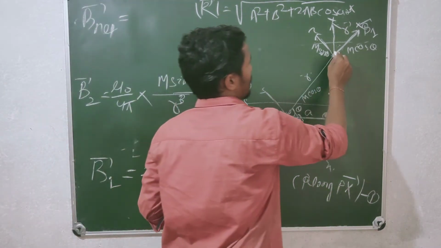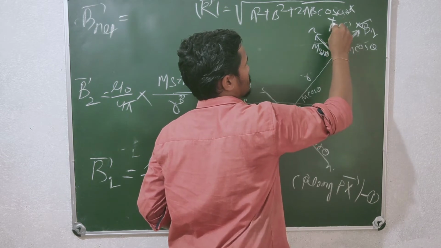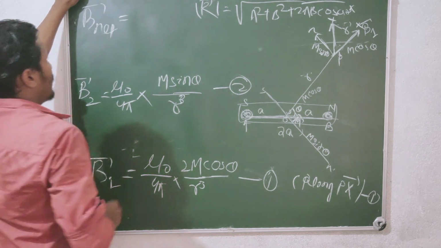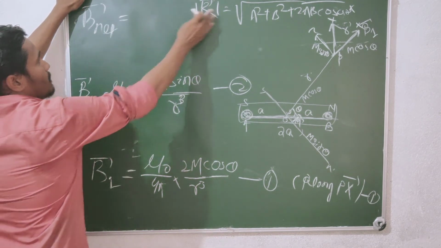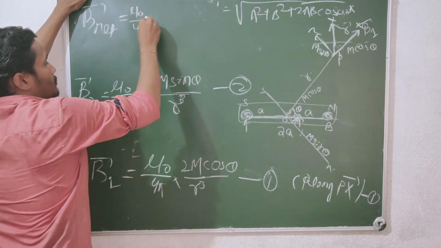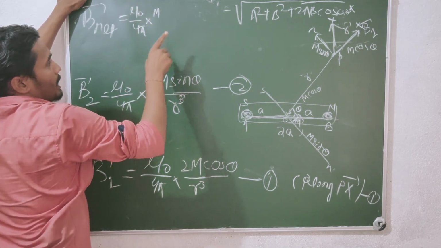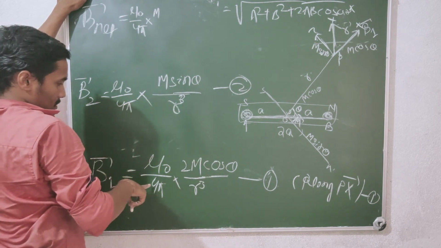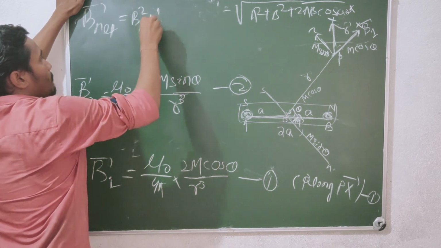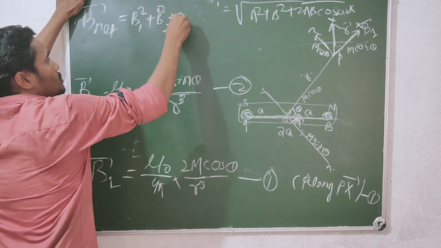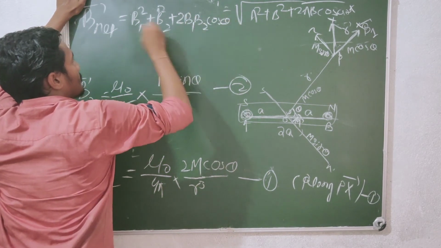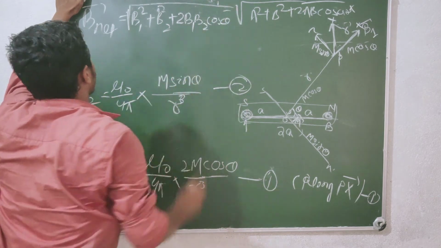So it is the net magnetic field, also called resultant magnetic field, and B net will be square root of b1 square plus b2 square plus 2 b1 b2 cos theta.